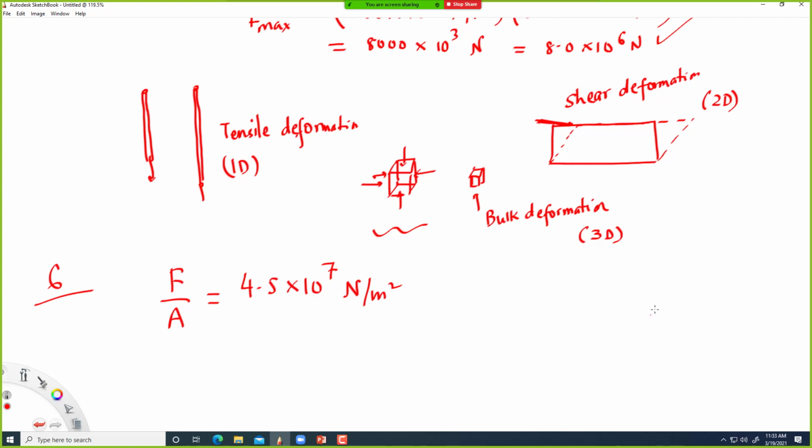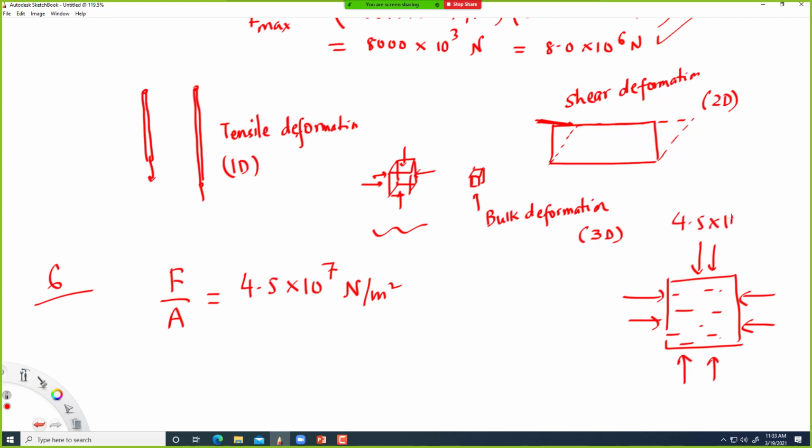Let's say you have water in some kind of container. You press the water from all sides by applying that force, 4.5 times 10 to the 7 Newton over an area of meter squared. Everywhere the same force. So what would be the change in the volume of that water, or the fractional change?